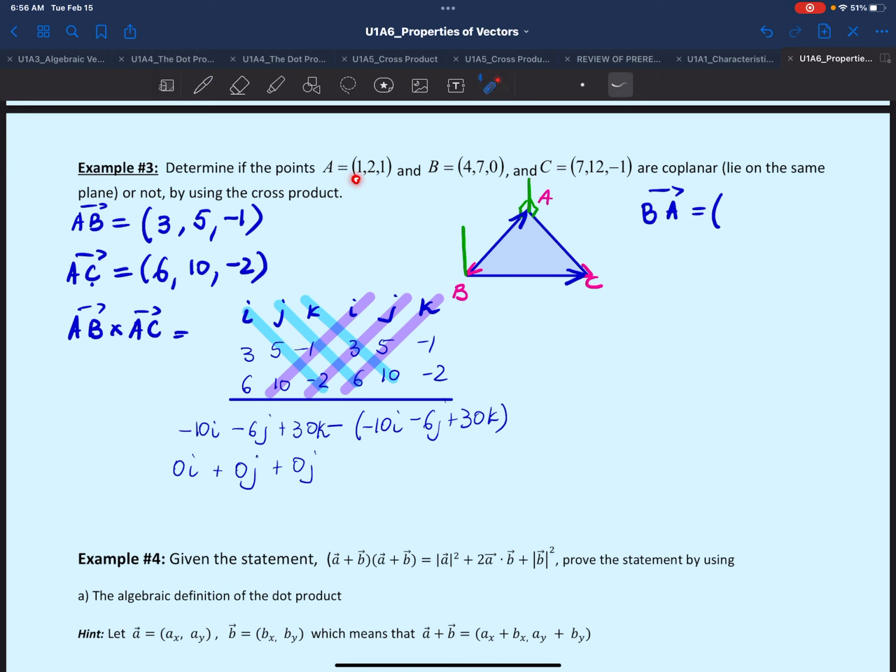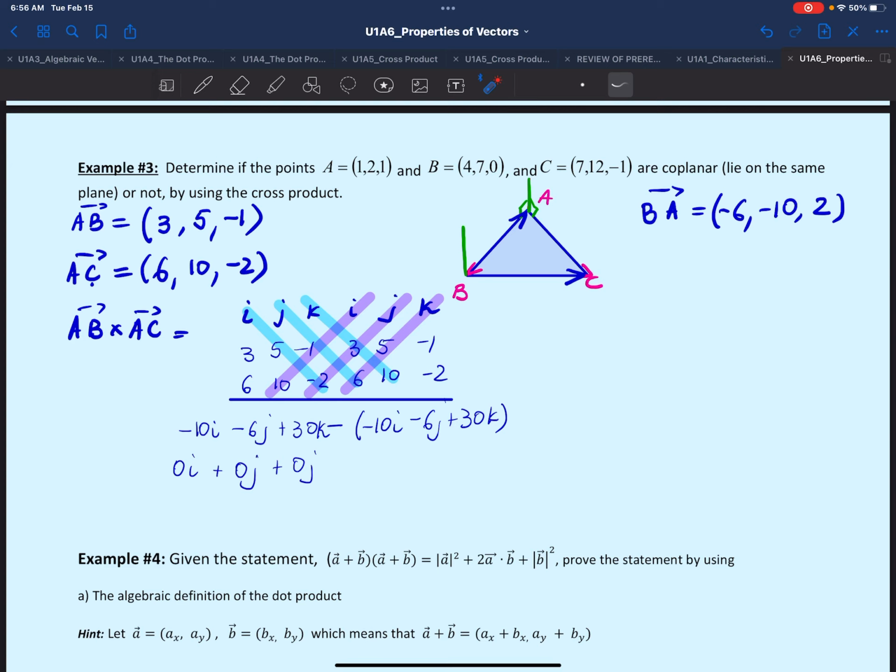So from head, subtract tail, 1 minus 7, negative 6. Again, from the head A, subtract the tail, 2 minus 12 is negative 10. And again, 1 minus negative 1, which is 2. So as you can see in here, BA is negative 6, negative 10, and then positive 2.